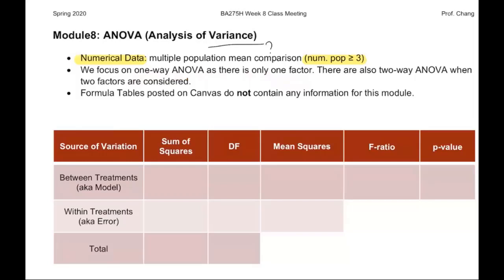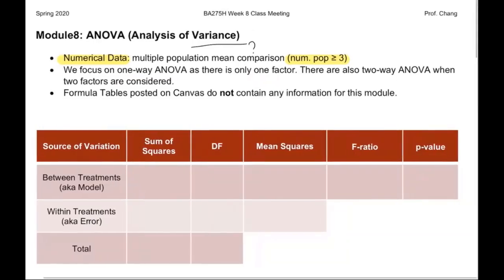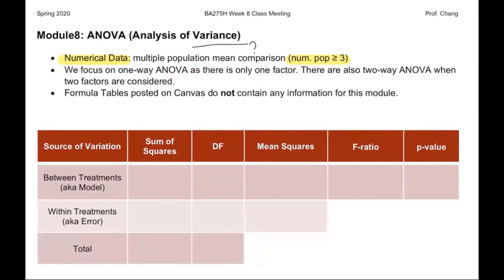You have the first class, business class, and also economy, right? So 1 factor, but 3 treatments. Okay, so we are focusing on one-way Anova. There's also a two-way Anova when there are 2 factors considered, which is beyond the scope of this class, but you can easily see the same kind of a table we can set up for two-way, right?